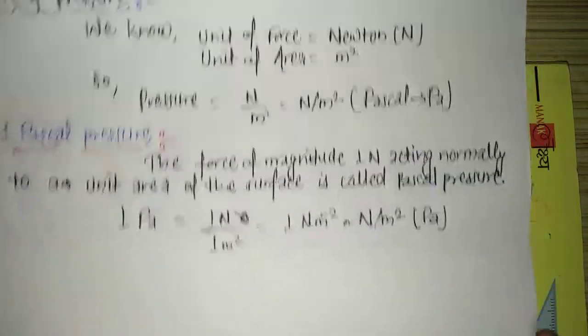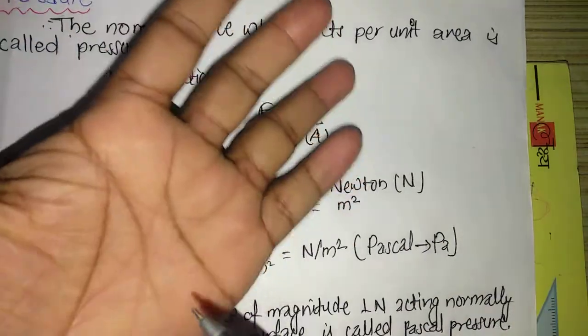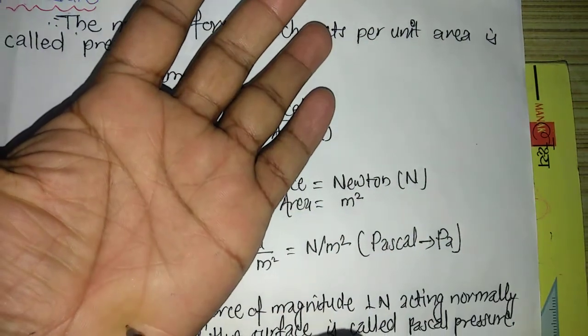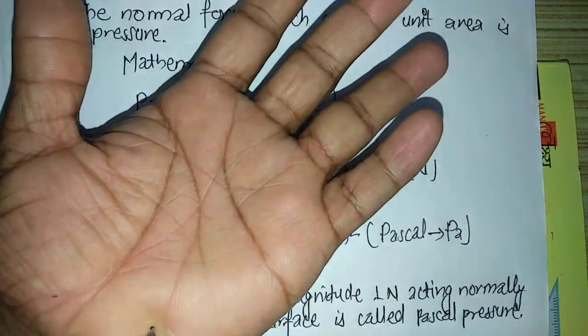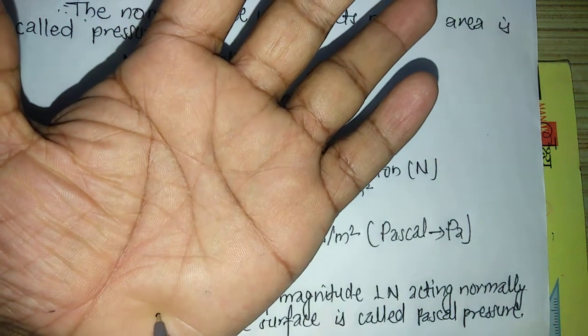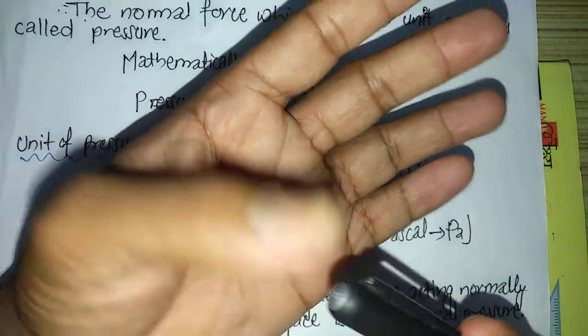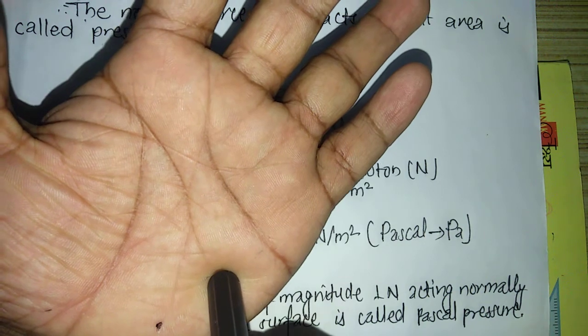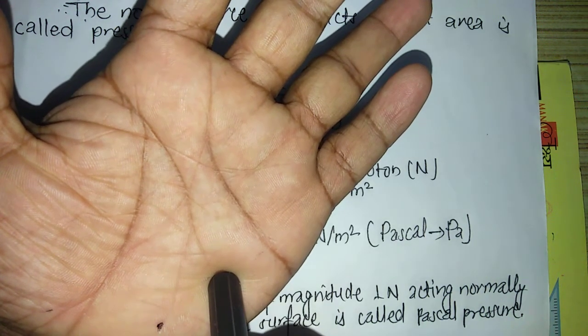Now here, suppose this is the ball of the pen. When you exert force on this area normally on the palm, it makes more depression on the palm. But if you press by its lid, its cover, the opposite side, then it makes less depression and you feel less hurt.